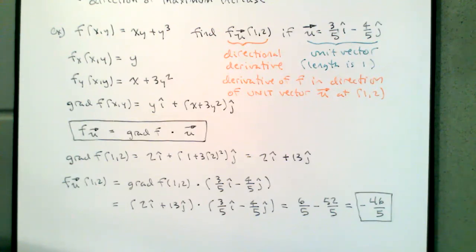The same way that if we looked at the derivative of a function of a single variable, and the derivative is -2, if we increase x by 1, we should expect the function to decrease by 2, approximately. This is using a linear approximation.